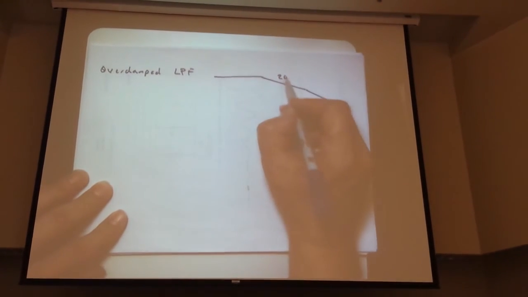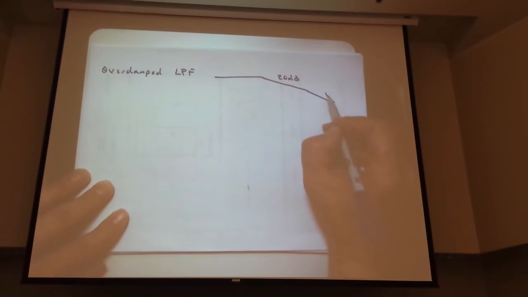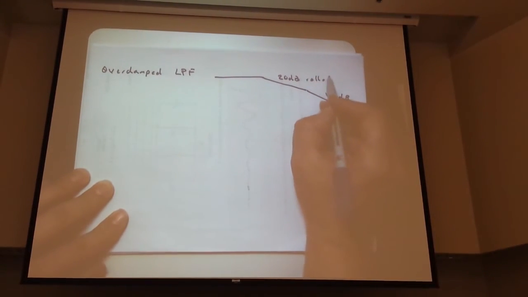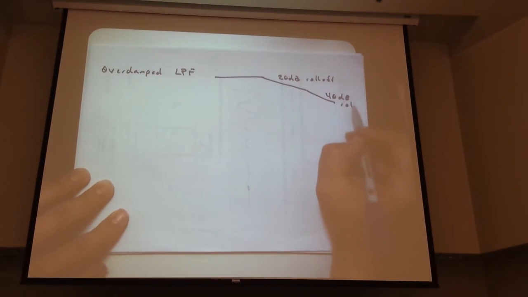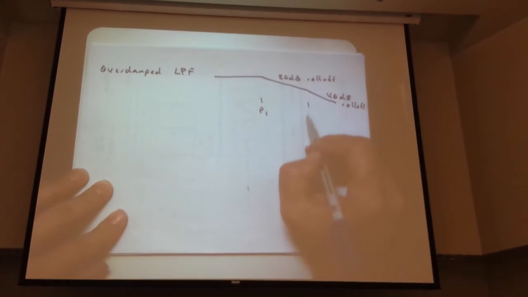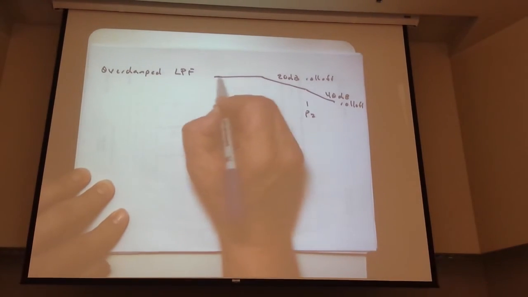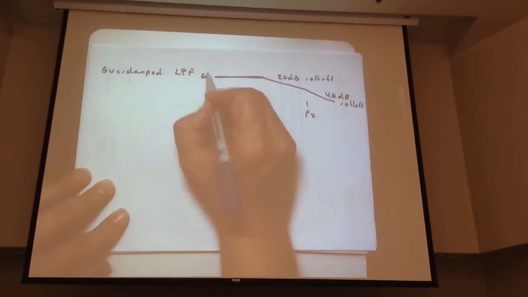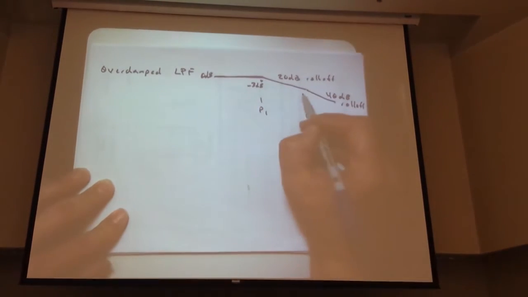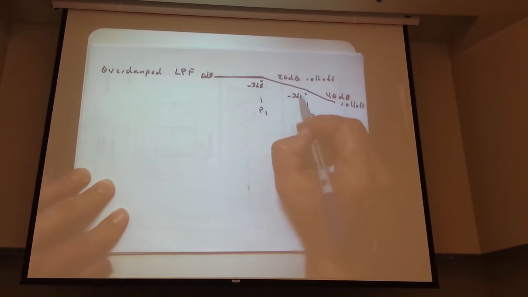This is 20 dB roll-off, 40 dB roll-off. There's a real pole P1, there's a real pole P2. This is 0 dB here. This is a minus 3 dB correction. This is a minus 3 dB correction, right?